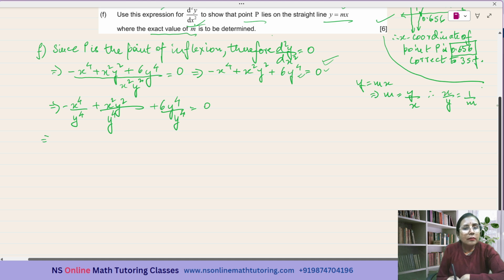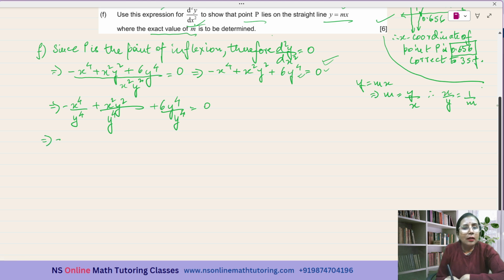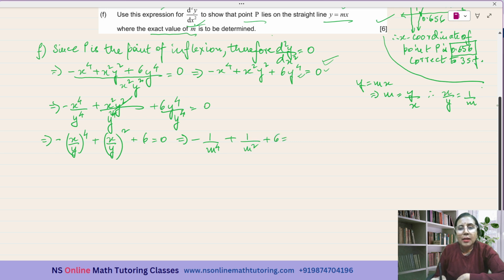So this is minus x over y to the power of 4 plus x over y to the power of 2 plus 6 is equal to 0. And x over y is 1 over m. So it is negative 1 over m to the power of 4, plus 1 over m square plus 6 is equal to 0.